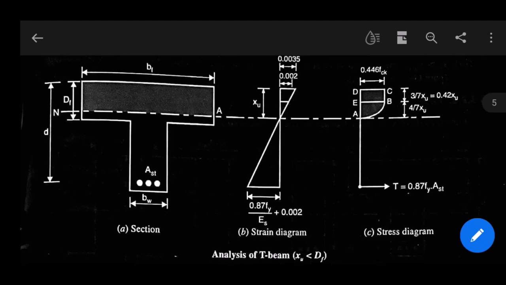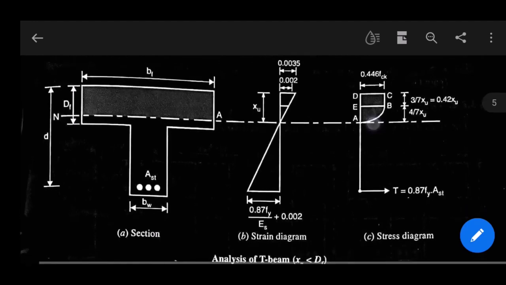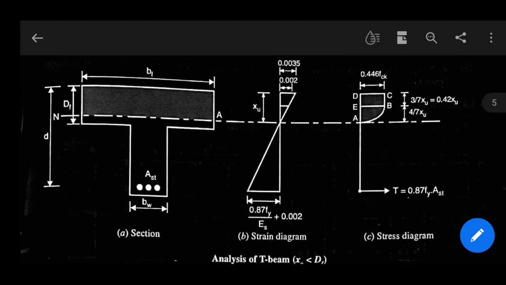For the strain diagram, the uppermost fiber is 0.0035, as you can see in the figure, and the lower portion is 0.002, and in the tension zone it is 0.87 Fy by Es plus 0.002.